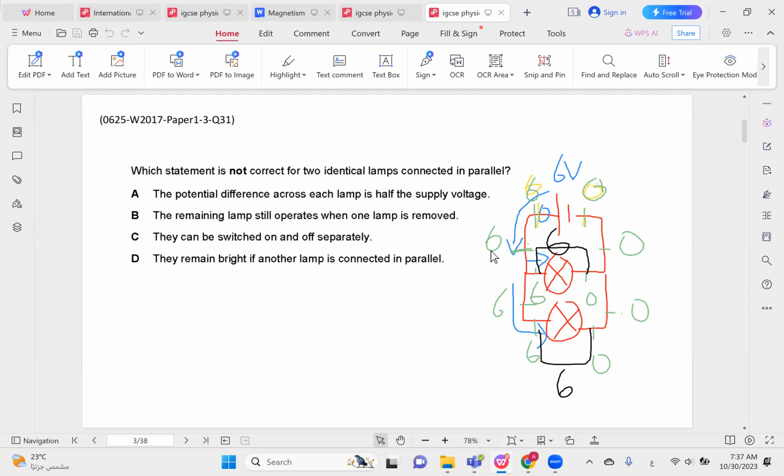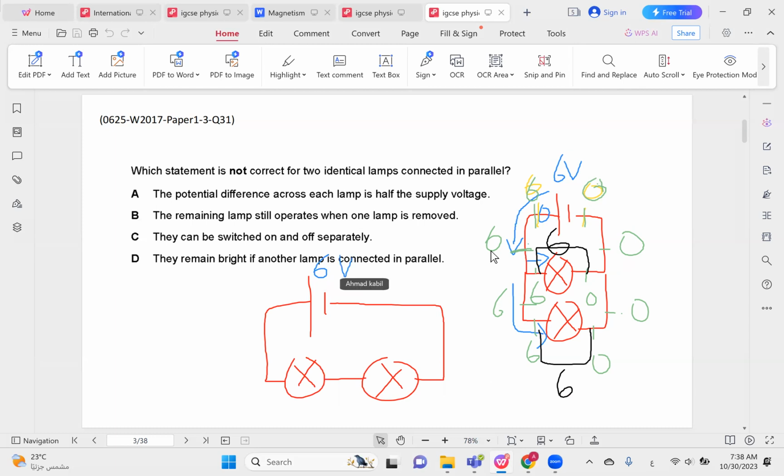How is this different from circuits which are not parallel? For example, if we have a circuit that looks like this, let's again trace the path of 1 coulomb of charge. Let's say that the battery, or the cell, provides 6 volts again.